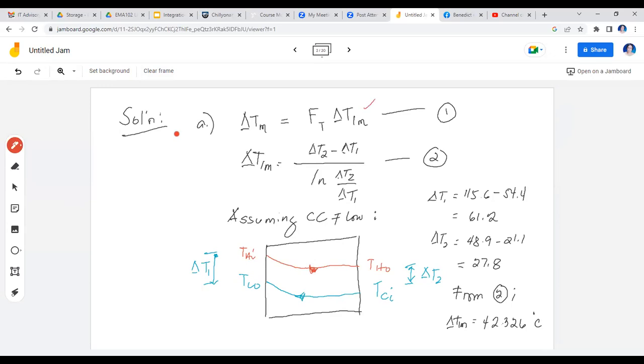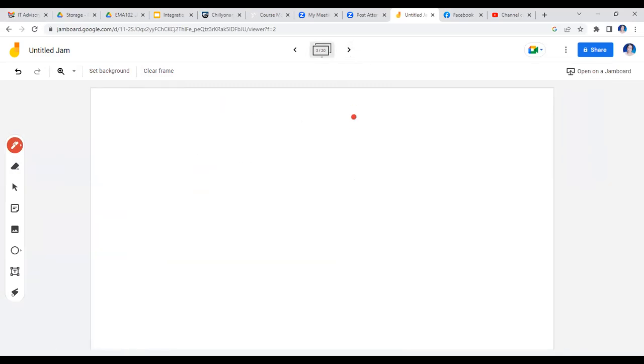Now I go to the temperature correction factor. For the temperature correction factor, we go here on the next slide. You need the very important Z and Y. The Z and Y formulas are given also. I'm not sure if I have written it on the slide, but I'll write it here.